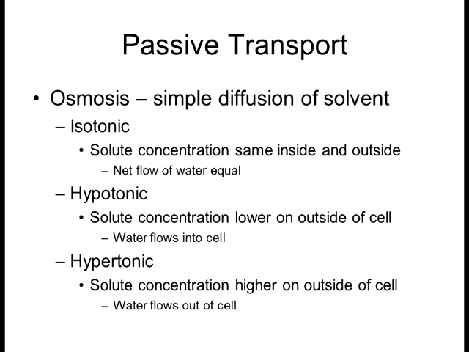Well, the confusing part is we look at the cells and we look at the solution that they're in, and we don't actually look at the water, we look at how much solutes are in there. For example, let's say you had a 1% salt solution out here. Well, what percentage of the water then is it?